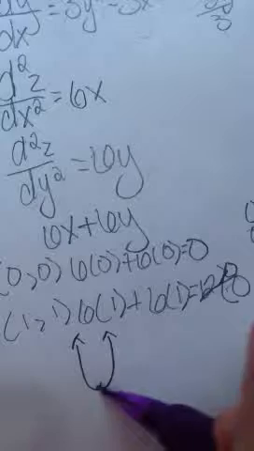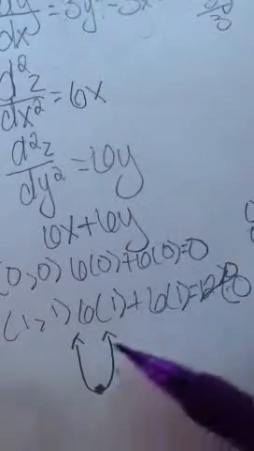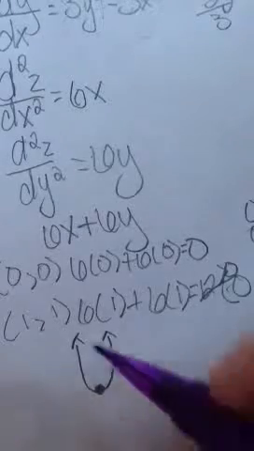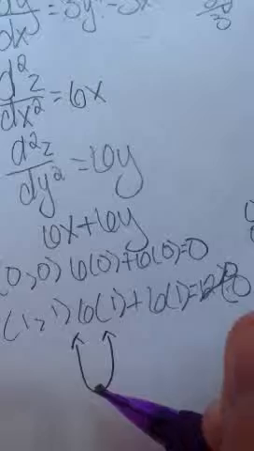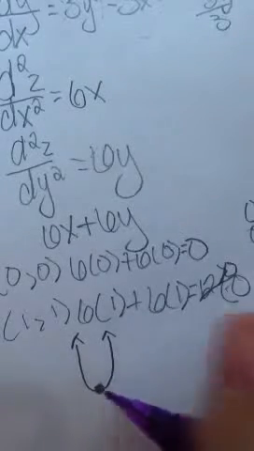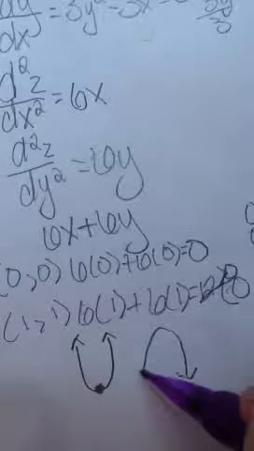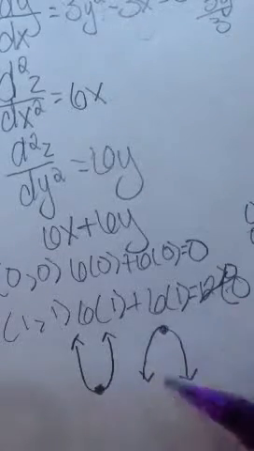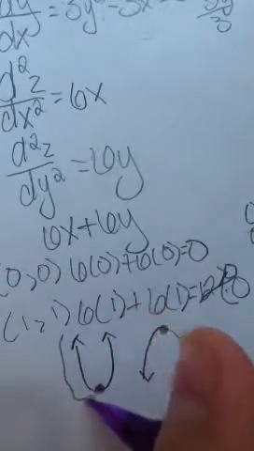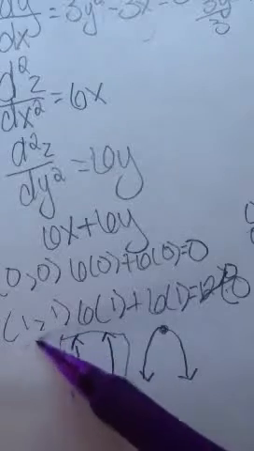So this is the critical point that we have, and because it's concave up, or how I like to remember it is a smiley face, it's smiling up, then it has to be the minimum because this is a low point. For it to be the maximum, it would have to be concave down, or like a frowny face, because then the critical point would be up here. So this is what we have. We have a minimum at this point 1, 1.